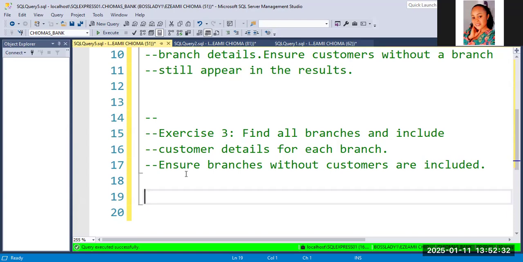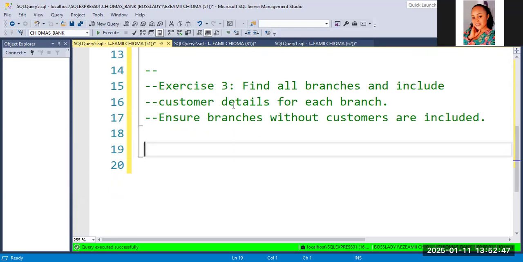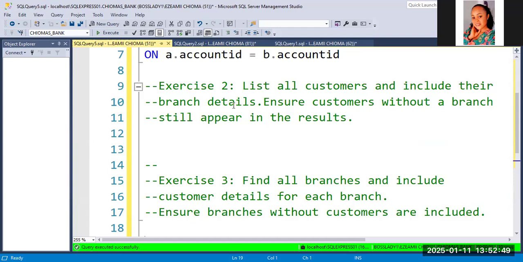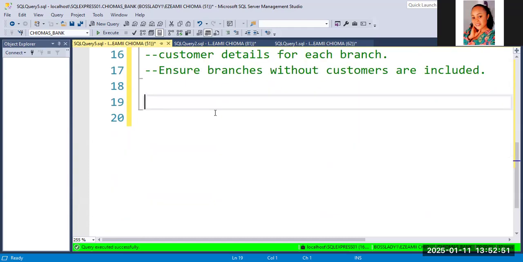What it is telling us is that we need our branch table and our customer table, and from the branch table we want everything. So we're going to use a right join to get everything from the branch. All right, so let's get that.